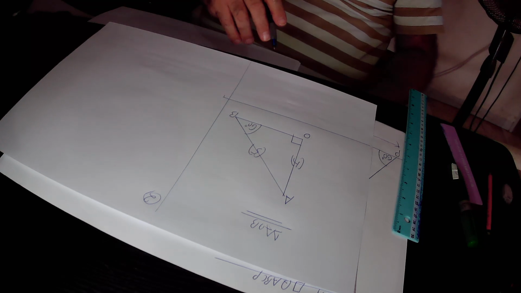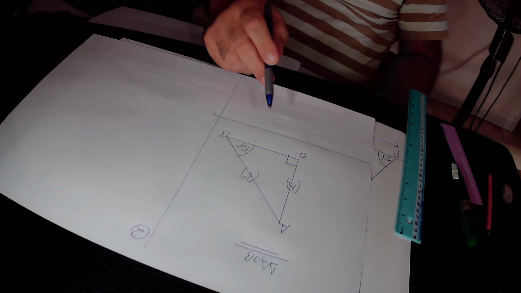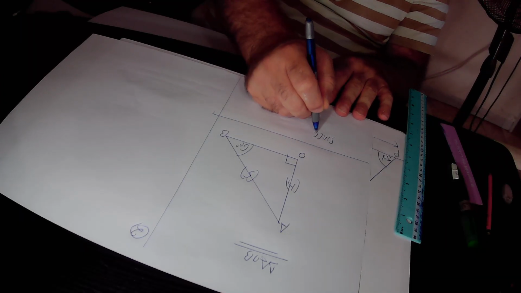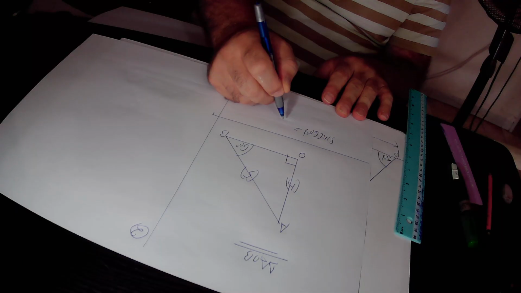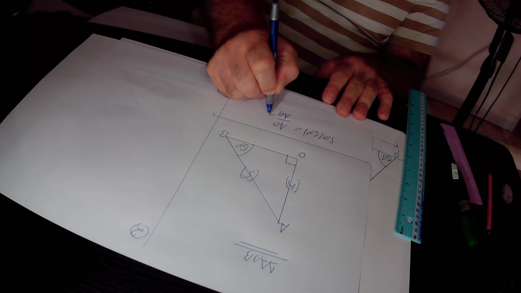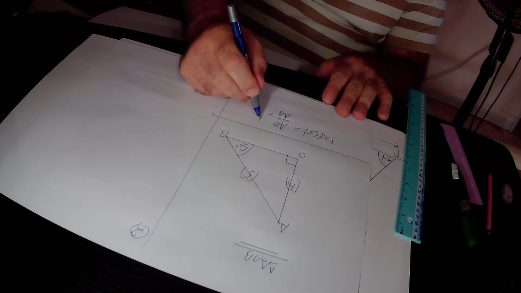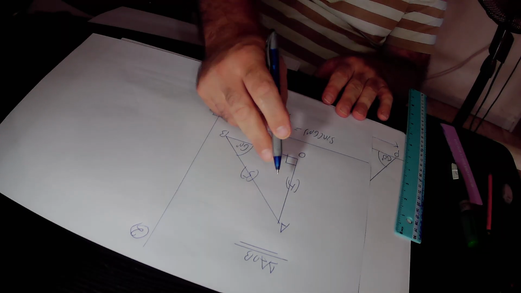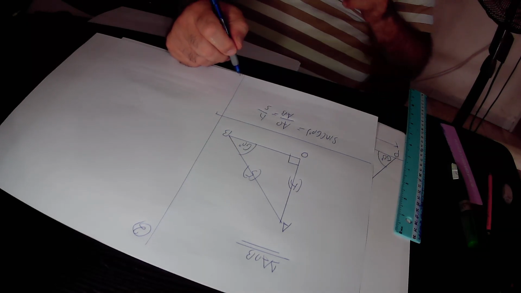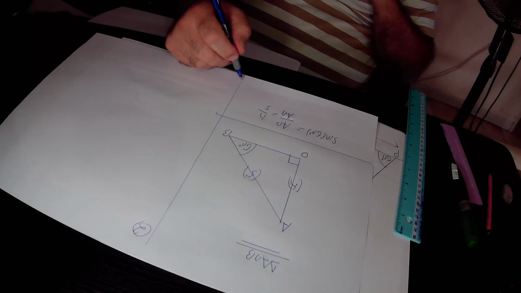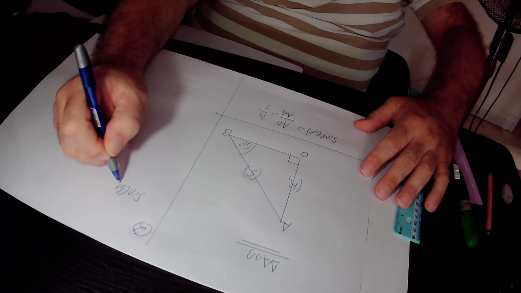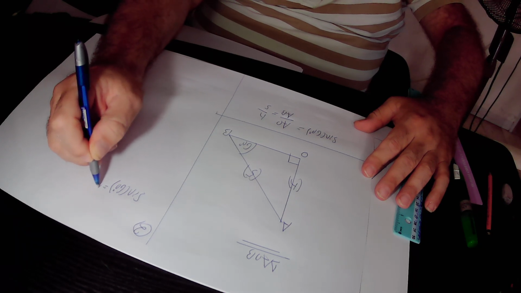So in this right triangle AOB, sine 60 degrees equals AO over AB. AO equals H according to our definition. AB equals 5 units according to what is given in the question. So in total we found that sine 60 degrees equals H over 5.